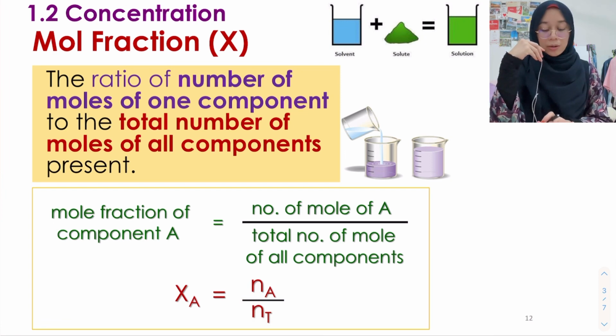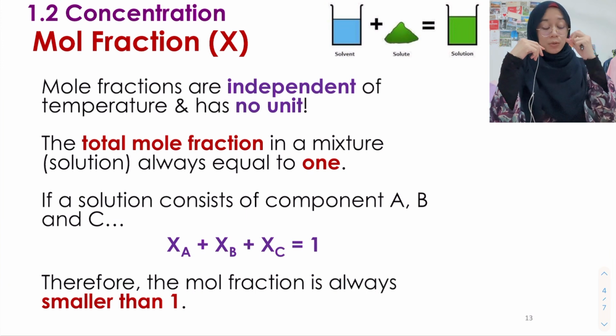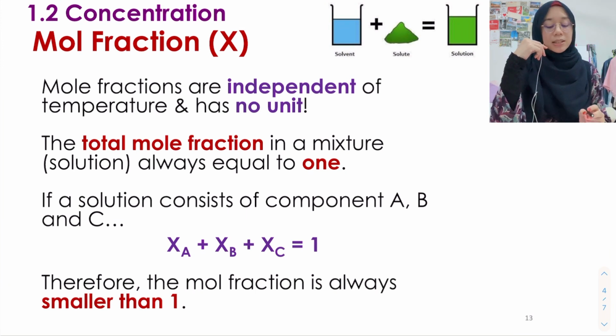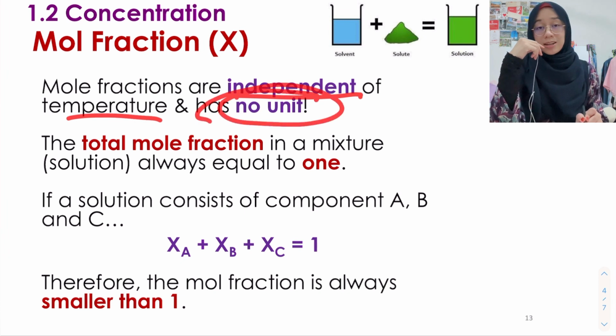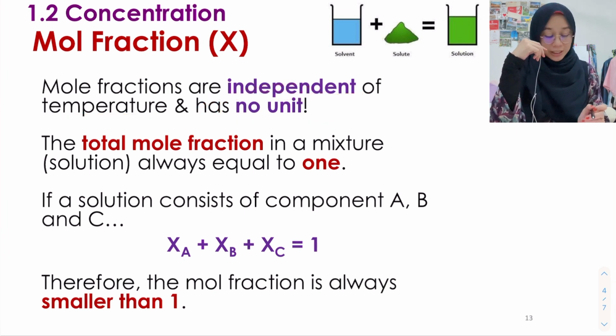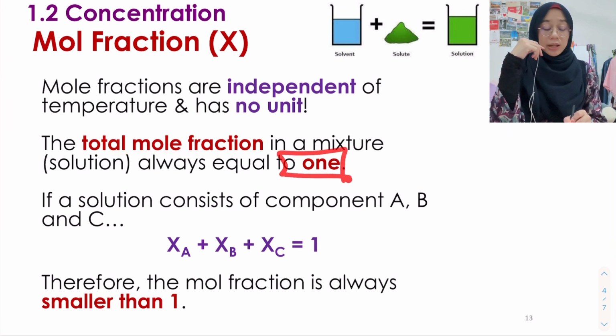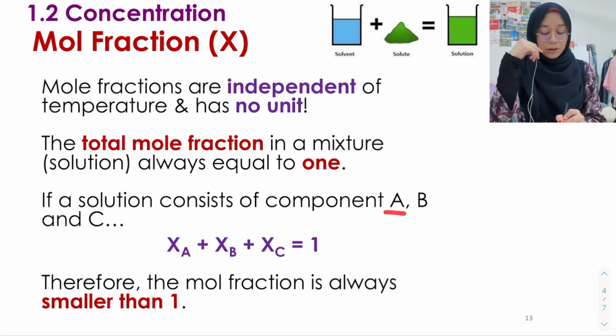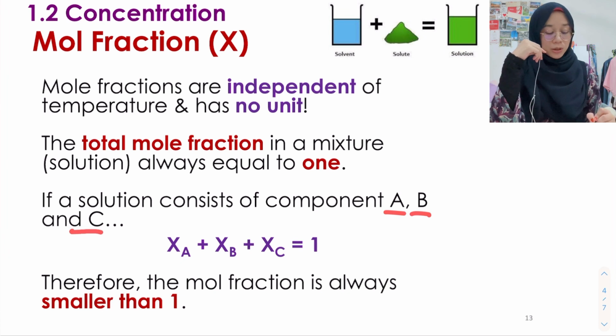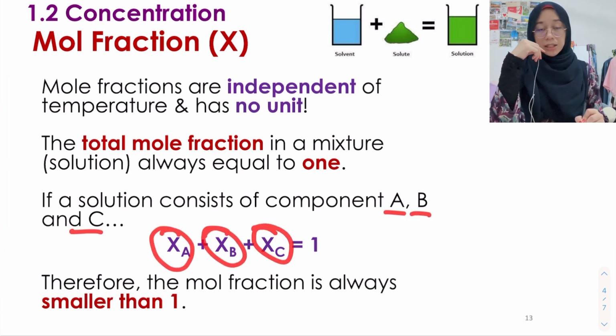But before we look at the example, there are a few things you need to understand. Mole fractions are independent of temperature and they have no unit. So there is no unit for our mole fraction. And the total of the mole fractions in a mixture is always equal to 1. It means if a solution consists of 3 components, let's say we have components A, B and C, the mole fraction of A plus the mole fraction of B plus the mole fraction of C will always get 1.